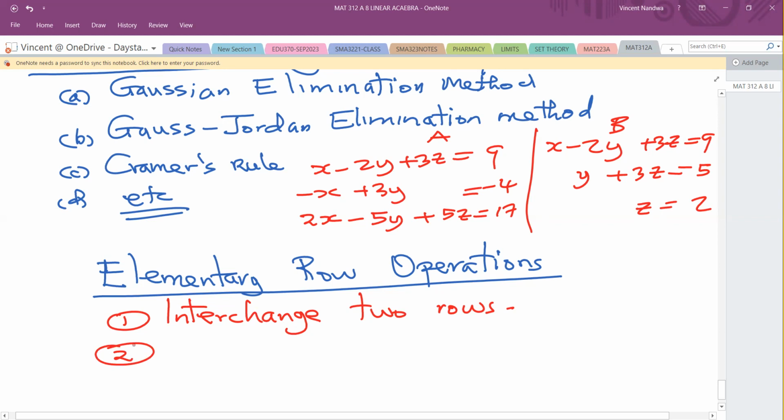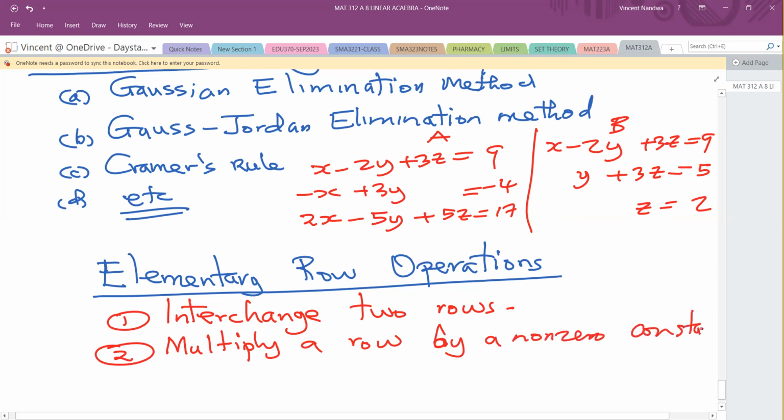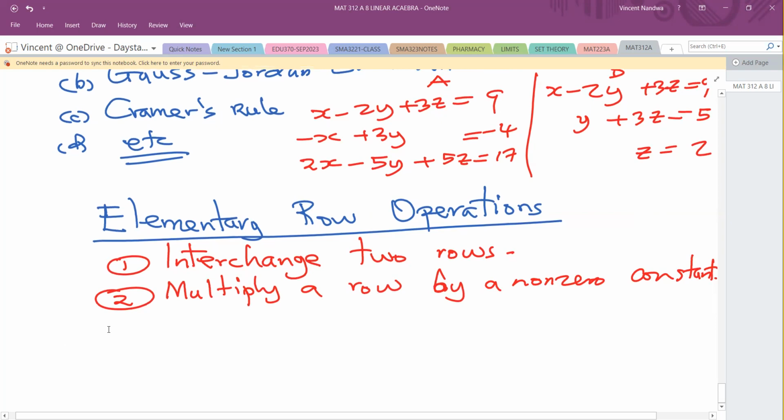Number 2, multiply a row by a non-zero constant. We are allowed to multiply a row of either a matrix or a system of linear equations by a non-zero constant.